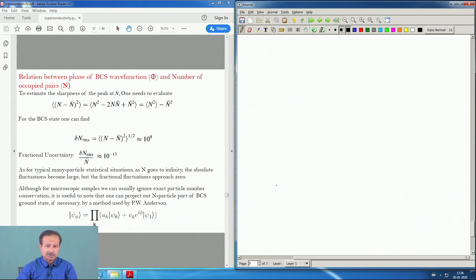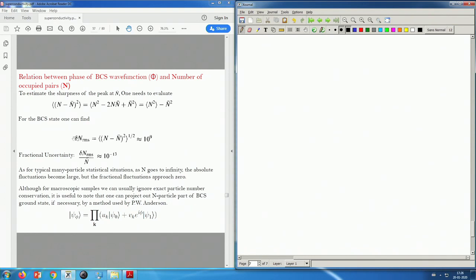That is a very assuring thing, because otherwise you would not be able to form superconductors, because the superconductivity would just fluctuate in number. The state would have such huge fluctuations in number that it would be difficult to do anything with it.